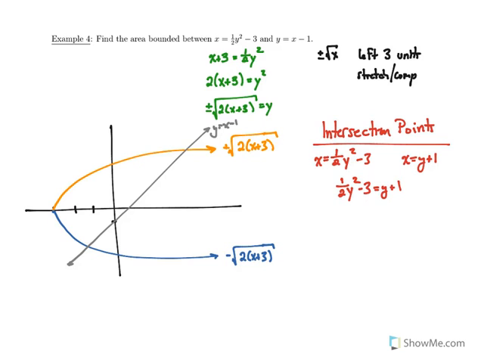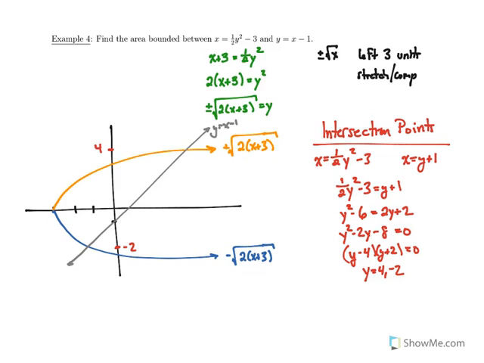Let's multiply by 2 to get rid of that 1/2, and move everything to one side. And we get a (y minus 4)(y plus 2) factorization, y equals 4 and negative 2. Those are the y values associated with these two intersection points.